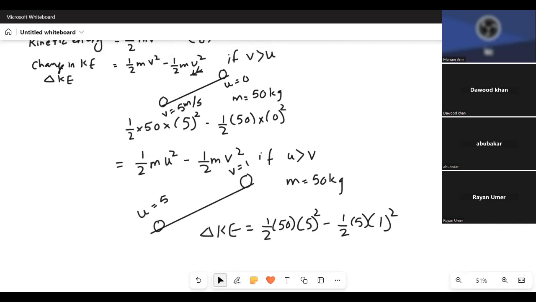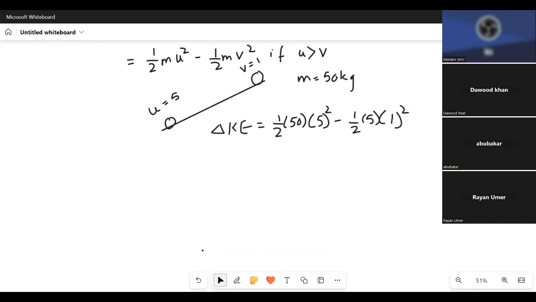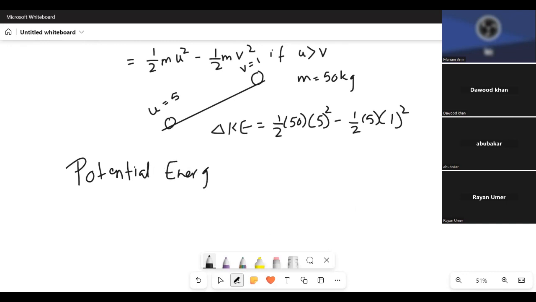Let's talk about potential energy now. Simple formula for potential energy is mgh.